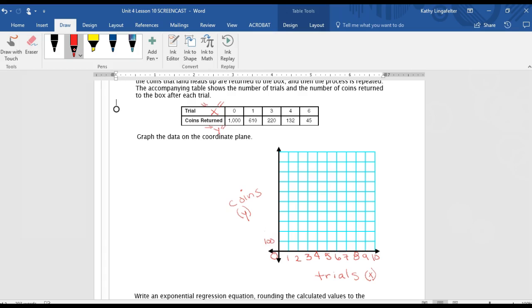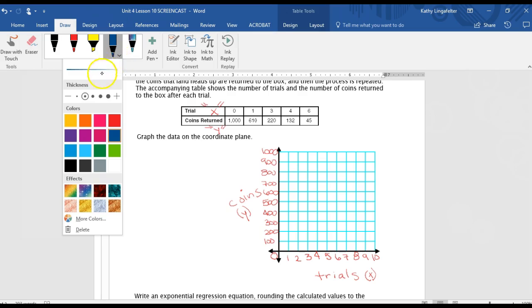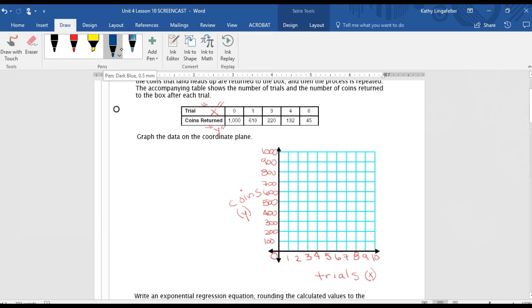So 100, 200, 300, 400, 500, 600, 700, 800, 900, and 1,000. Now let's go ahead and get our ordered pairs on the graph.